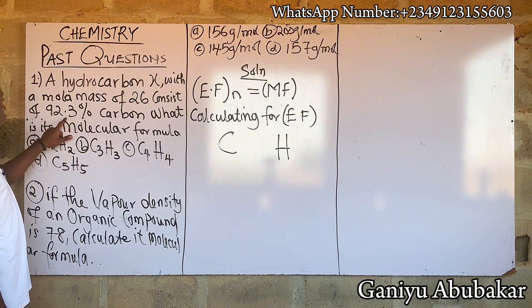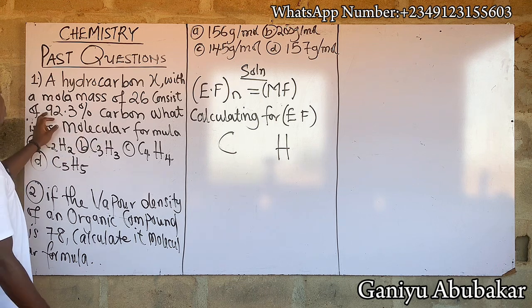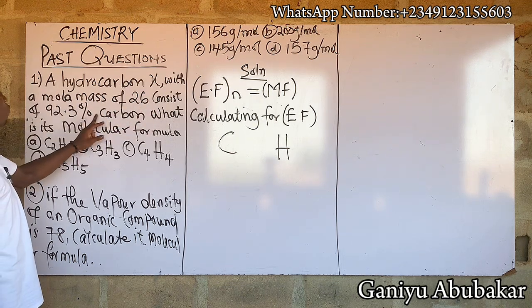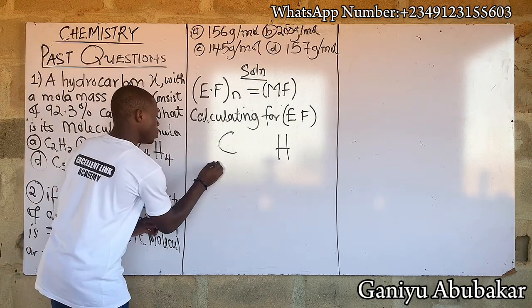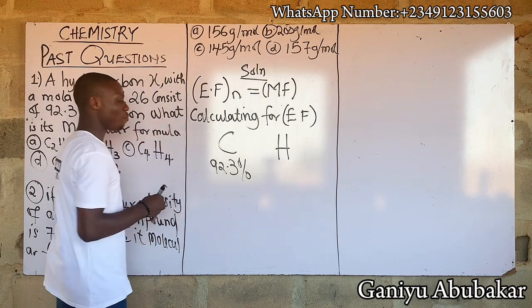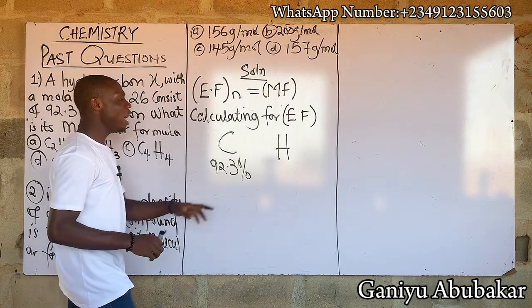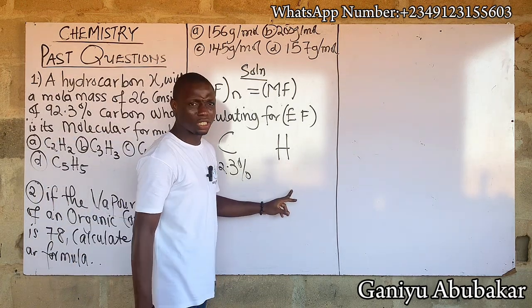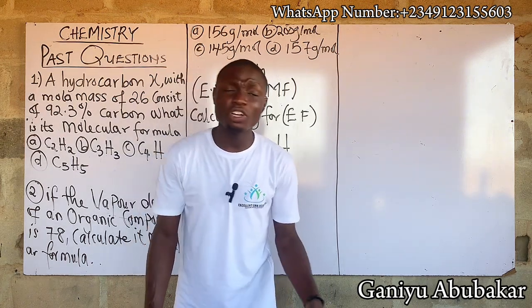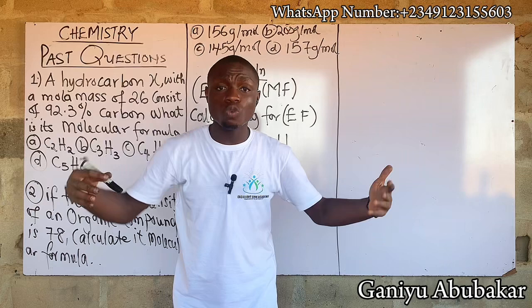Look up for this one now. This is for carbon. Carbon consists of 92.3% of carbon. Hydrogen is what? They didn't give us hydrogen. But mind you, the concept behind percentage composition is that everything sums up to 100.